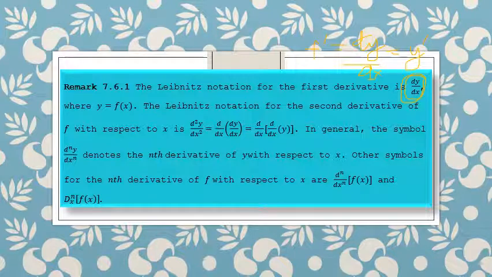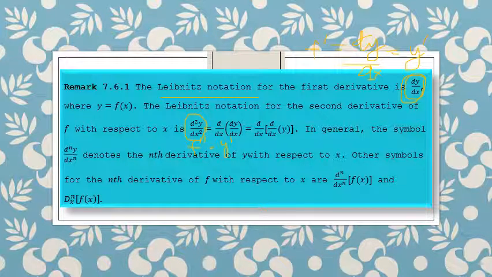The Leibniz notation for the second derivative of f with respect to x is, eto naman yung second derivative, equivalent naman po ng f double prime o y double prime. Okay, so basta makita nyo d squared y over dx squared, which means second derivative na in Leibniz notation. In general, the symbol d to the power of n y over dx to the power of n denotes the nth derivative of y with respect to x.